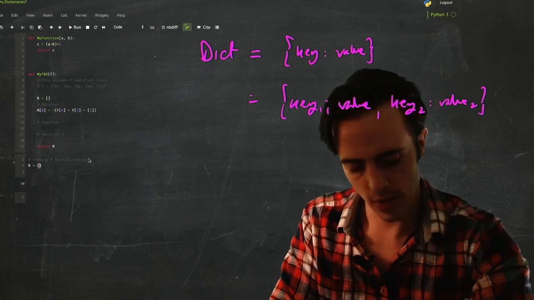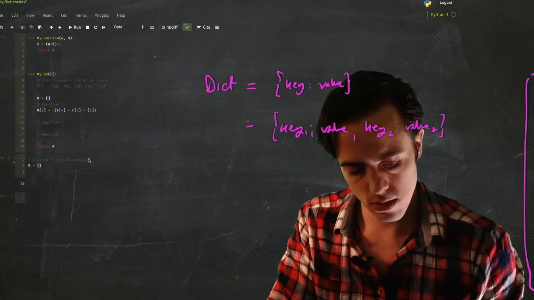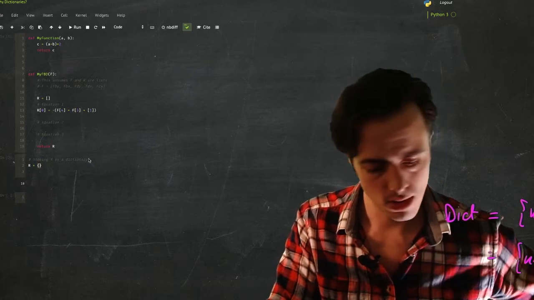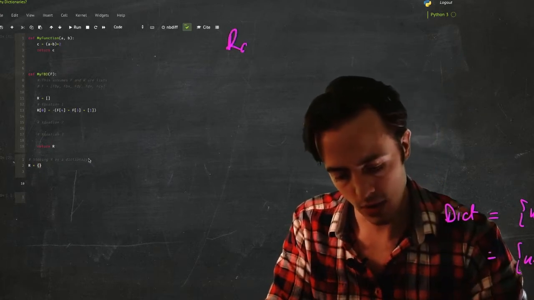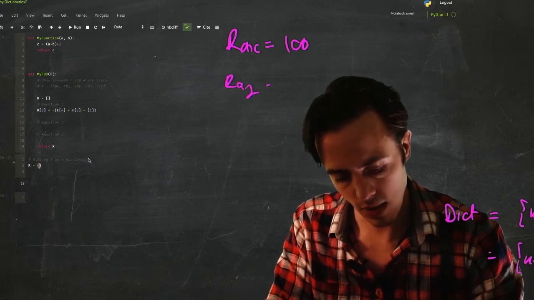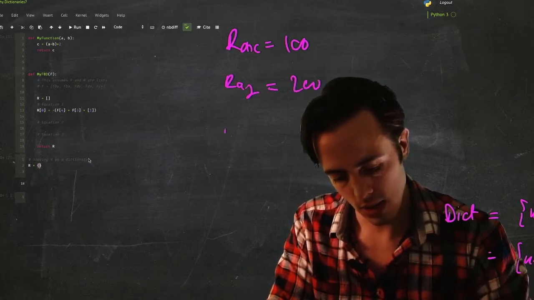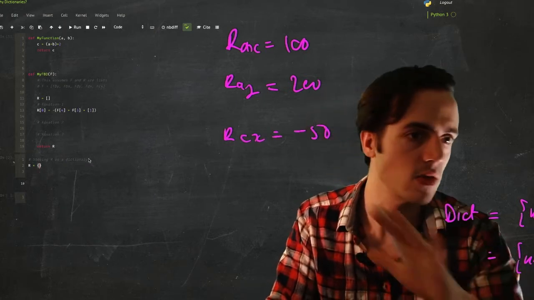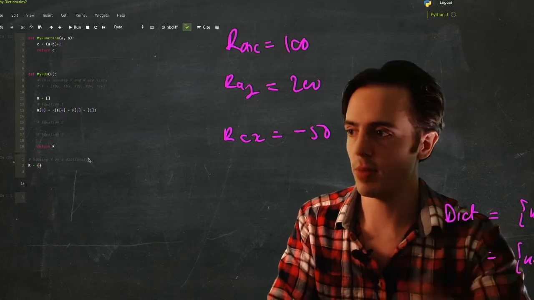Or I could say R is equal to, let's say I have the values. Let's say I happen to know RAx is equal to 100, RAy is equal to 200, and RCx is equal to minus 50, for example. These numbers are meaningless, but I want to put them in there.